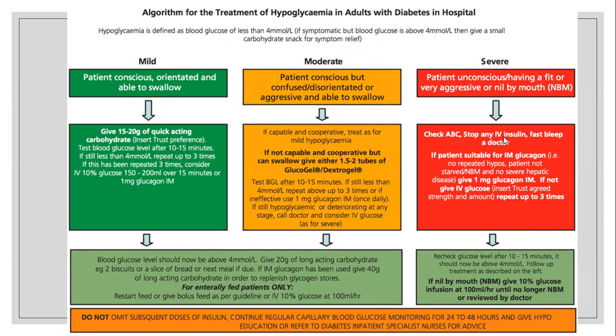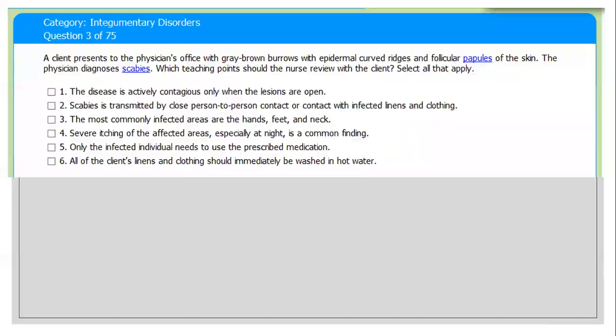Also stop the IV infusion. First, brief and also notify the doctors. If the patient is suitable for intramuscular glucagon, give 1 milligram glucagon intramuscular. If not, give IV glucose and repeat up to 3 times. What next?